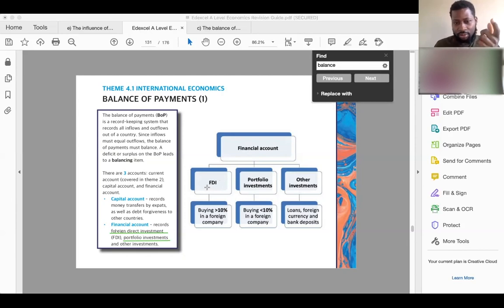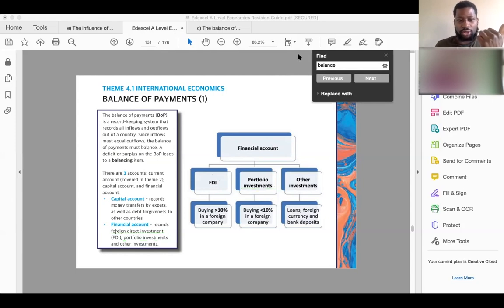There are three branches of the financial account. FDI, which is where you're buying more than 10% of a foreign company. Portfolio investments, when you're buying less than 10%. And then other investments, which includes loans, foreign currency that we hold, and bank deposits.